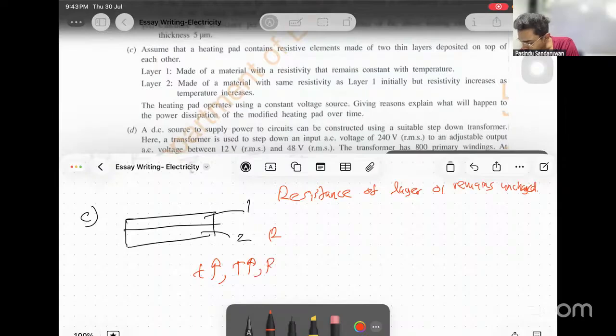When temperature increases, resistance increases. Then the resistance of layer 2 increases over time. We were asked about power dissipation, so we can write about power at once. Power on the resistance, power.